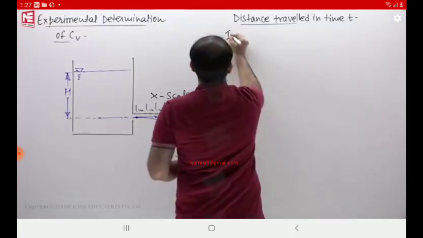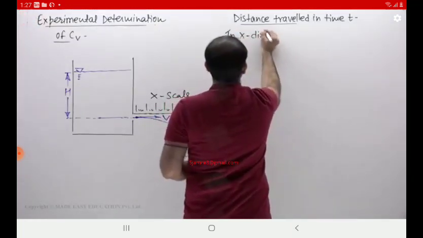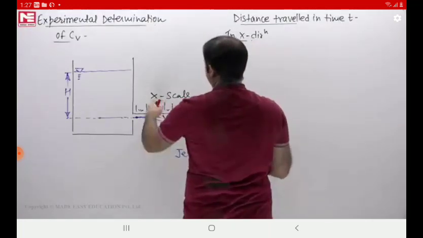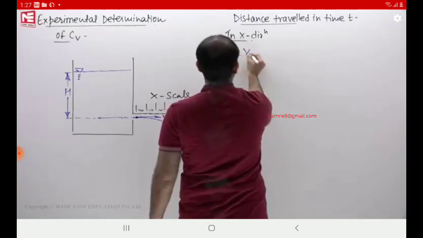The first is the x direction. Here I am talking about x. x is equal to velocity multiplied by time.